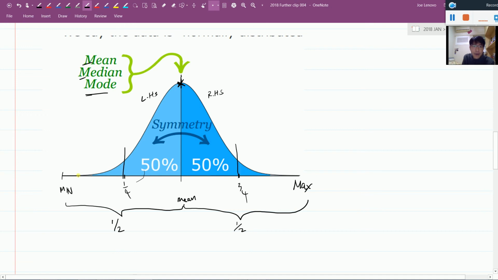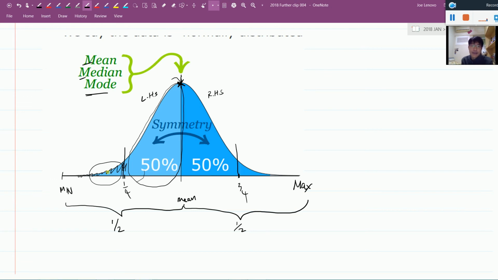From minimum all the way to a quarter, compared to a quarter all the way to the 50%, the median here, the shape or the area, that one has way more than the little area down here. So you would expect that the first quarter is not 25%.